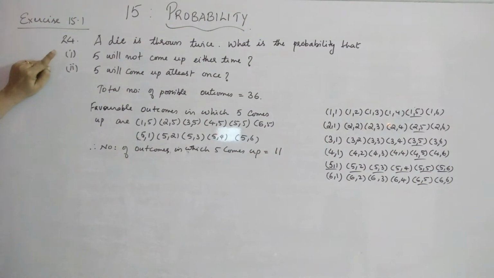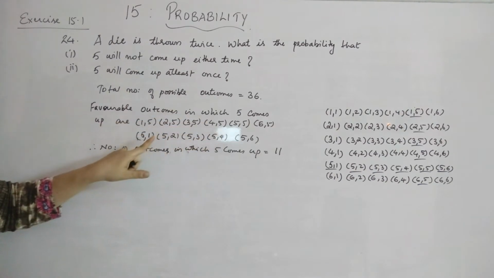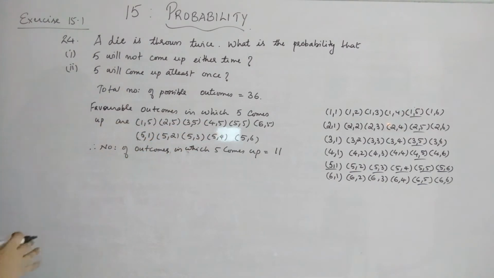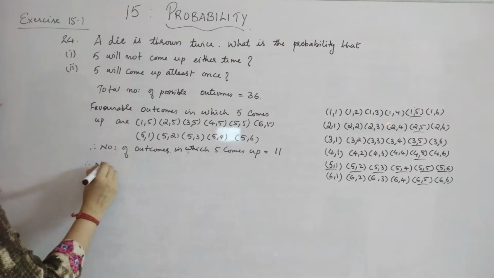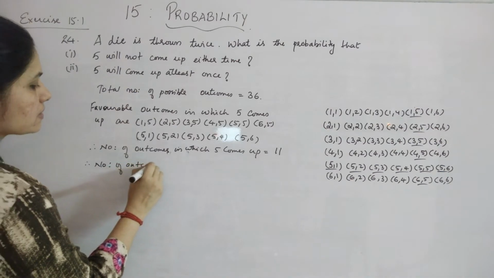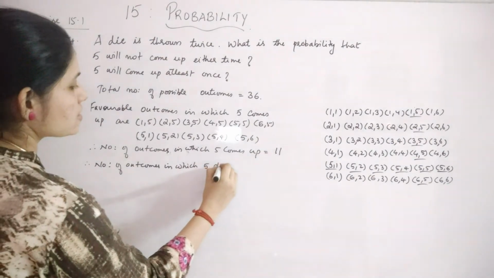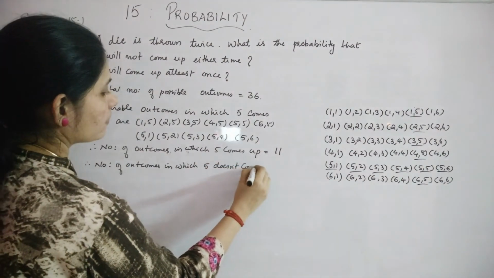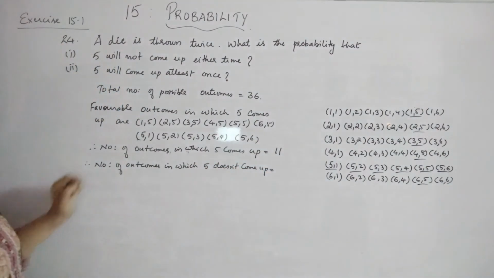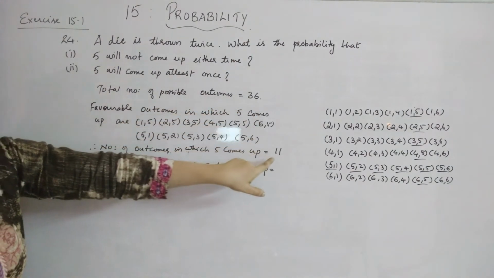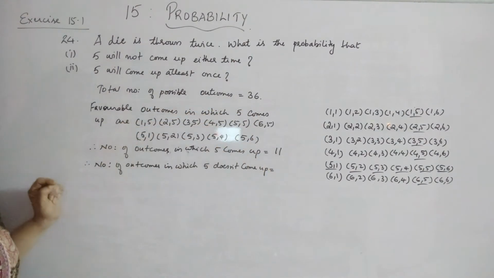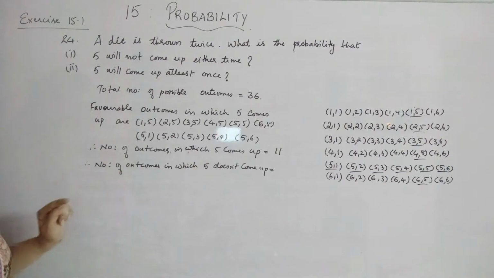What is the question? In which 5 will not come up either time. In any of the times 5 should not come. So all these will be included in 5, and the rest of them will be in not coming up. Therefore, how will you find the number of outcomes in which 5 doesn't come up? Total outcomes is 36. From that, if you subtract these 11, you will get the remaining as the total outcomes in which 5 is not appearing.